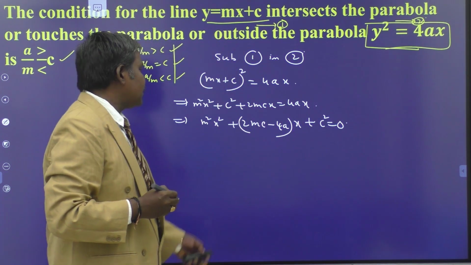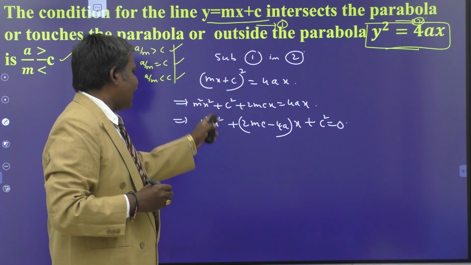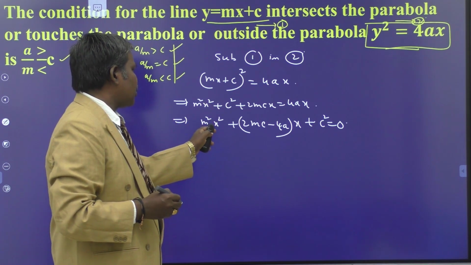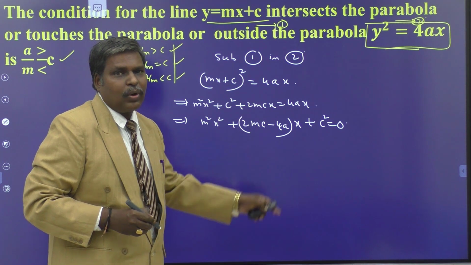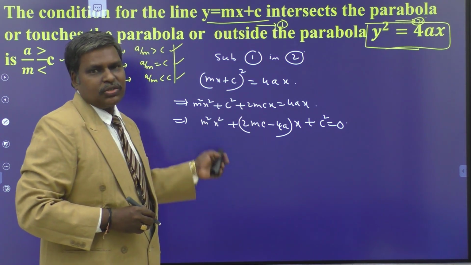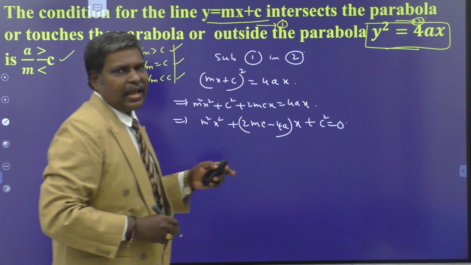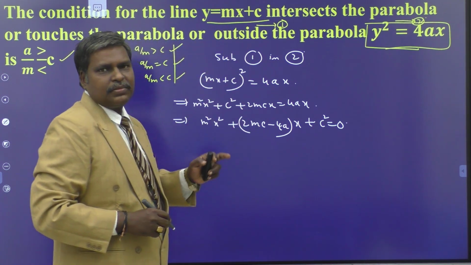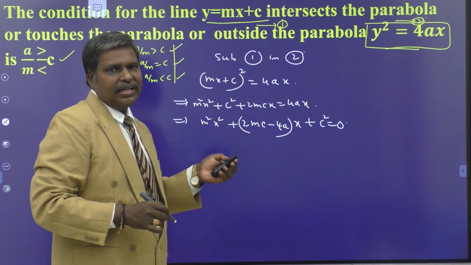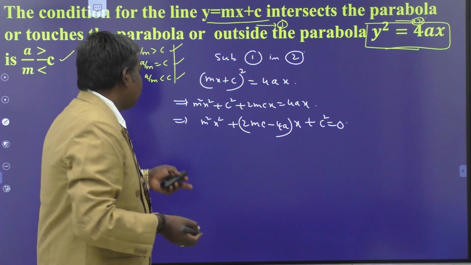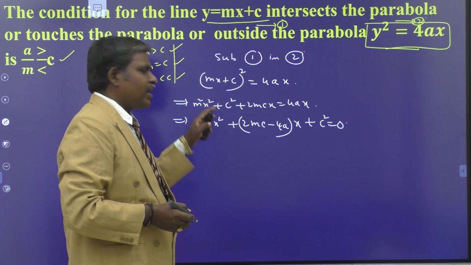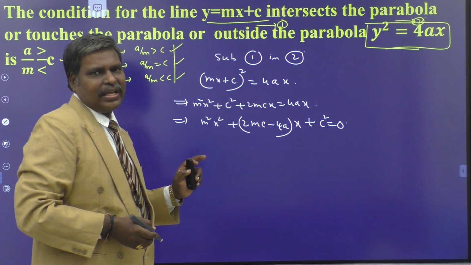Now my question is, is it a quadratic equation in x or not? Yes, it is a quadratic equation in x. Why is it not a quadratic equation in m? Because y equals mx plus c is the given line, so m is fixed. If you square that, it is a constant, but x is variable, and squaring it gives x square here.